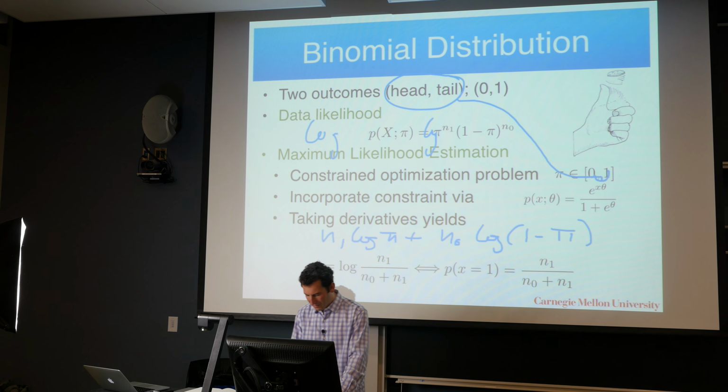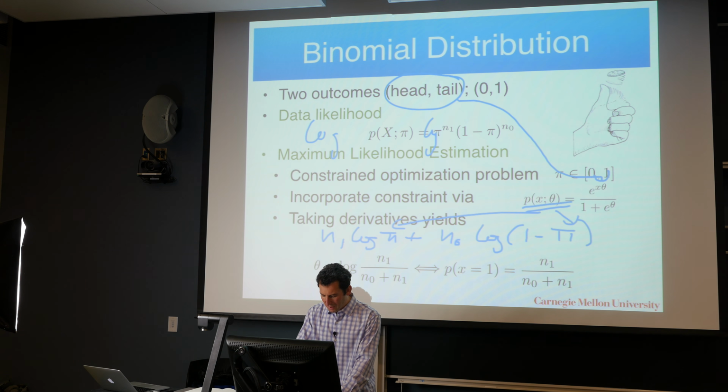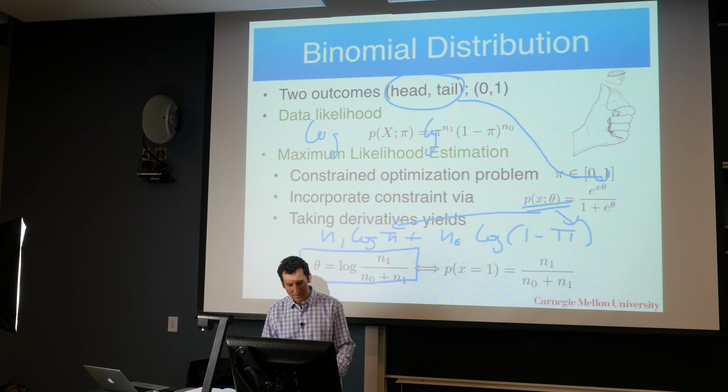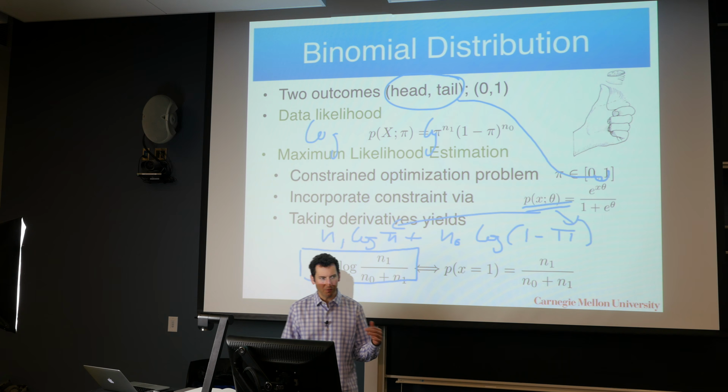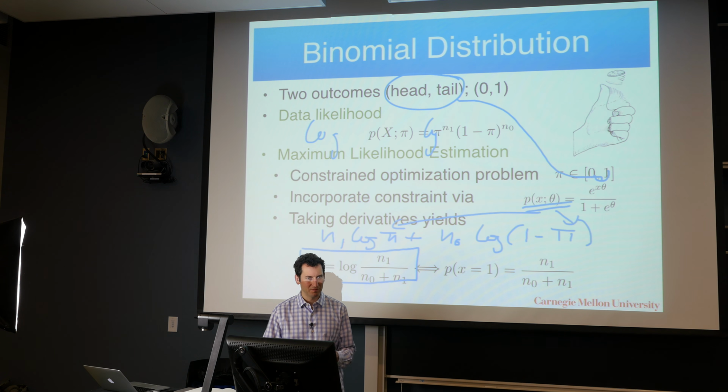I then plug in the parameterization for pi, which goes here and there. I take the derivative with respect to theta, and lo and behold, I get this expression: theta is the log of n1 over n1 plus n0. Who wants me to explicitly work through that derivative?